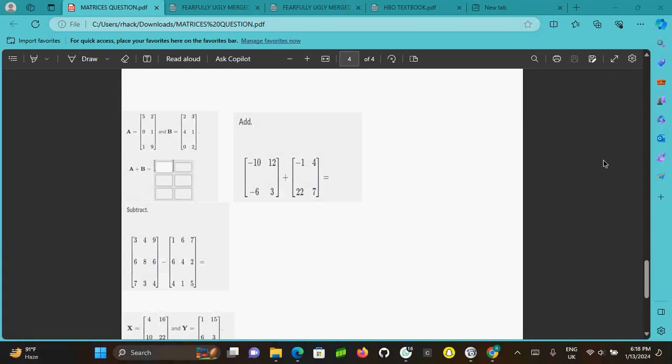Yes, you can add them. Okay, so please help me with the addition. Since it's a 3 by 2 matrix, our answer is supposed to be in a 3 by 2 form, right?